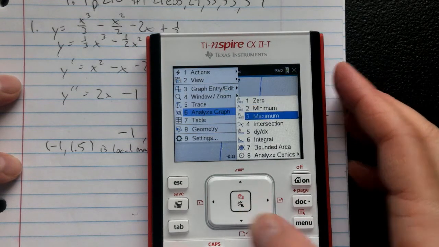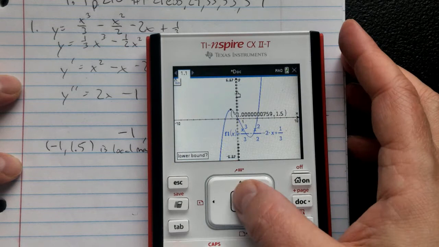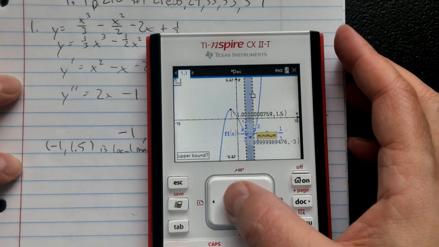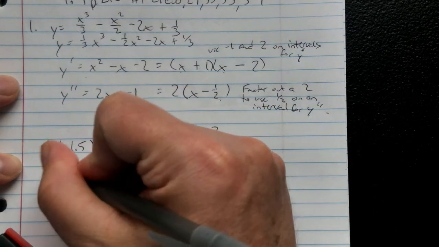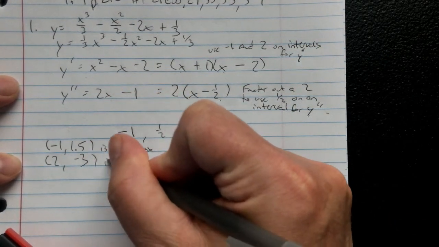And now we're going to do the minimum. 2 comma -3 is the local min.